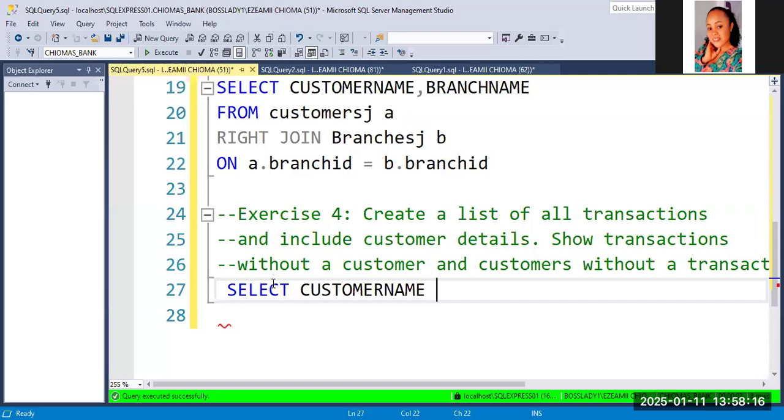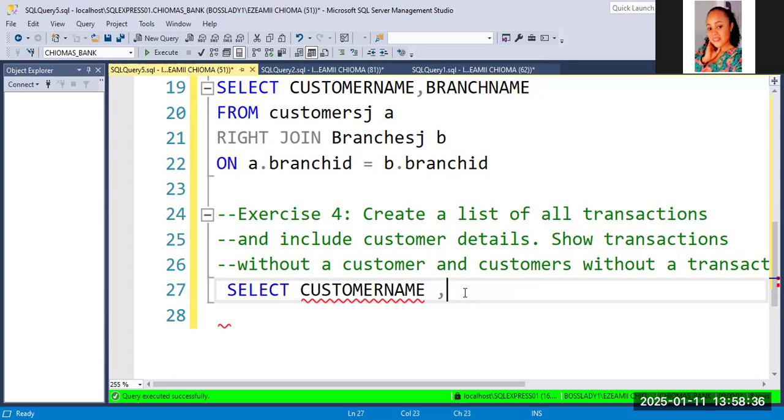Customer name. You can also put transaction ID if you want. So let's just use customer name. You can put amount. Since we are looking for transaction detail, we can put transaction type. Sorry, what am I typing?